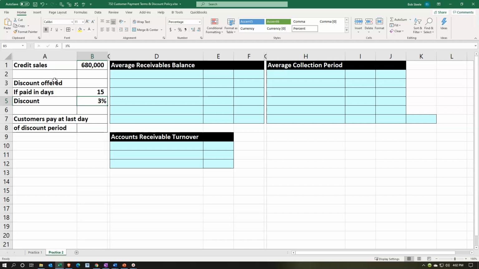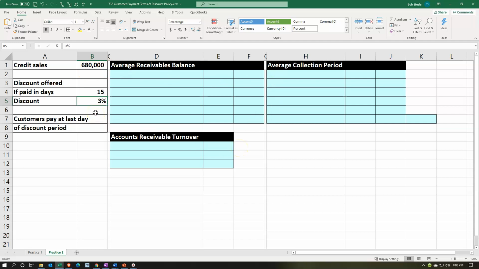So we can see, even though these factors are pretty easy to see in and of themselves, there can be a lot of different outcomes that we can think about. So let's just think about what we have here with the average receivable balance and then the accounts receivable turnover.